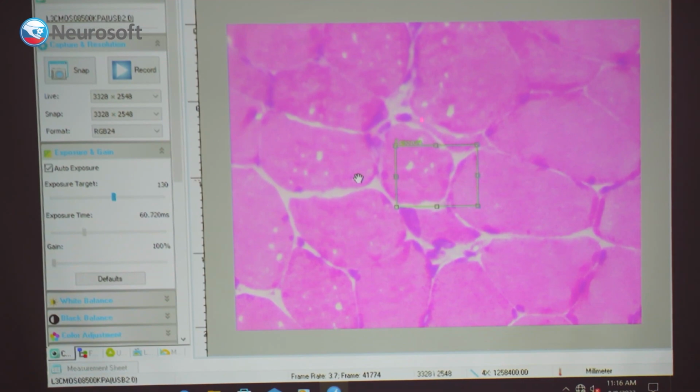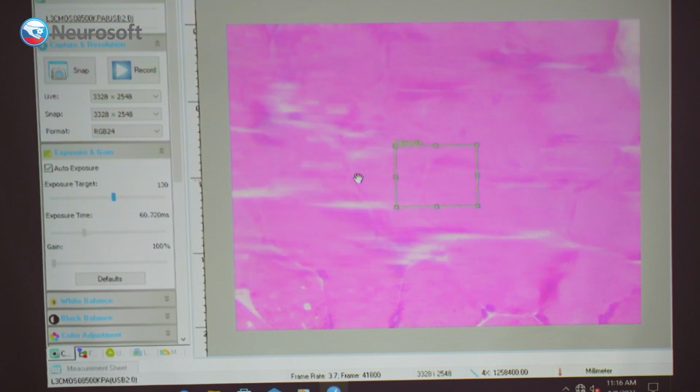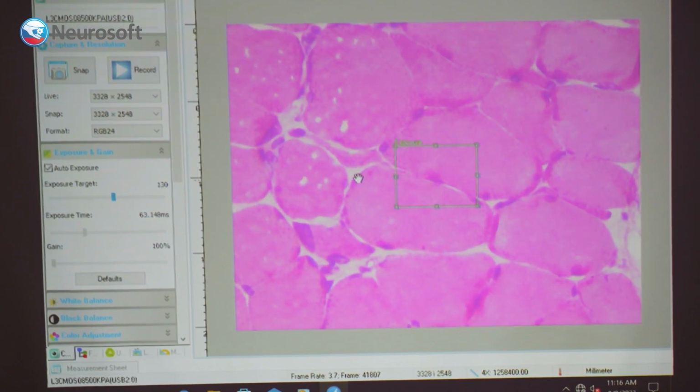Like this, you can see small angular fibers here, maybe this one, and this one as well. So they are not really clustered, but somehow suggesting there are atrophic fibers. This is only really at the edge, and I found only few atrophic fibers.